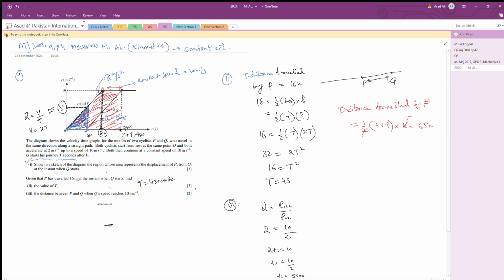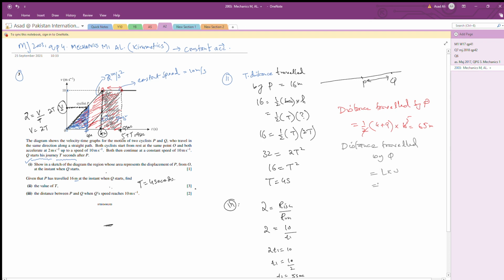Now I'm changing the color here. Distance traveled by Q is this rectangle. Distance traveled by Q is length into width.